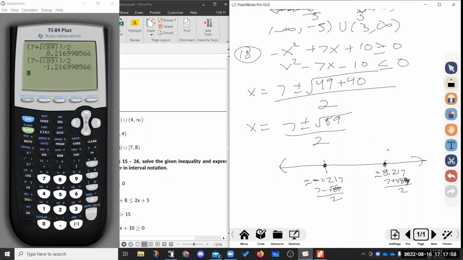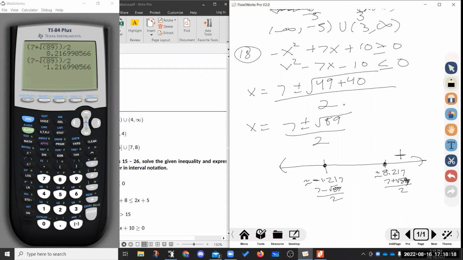And we want something that is going to give us less than 0. So over here, this is going to be positive.